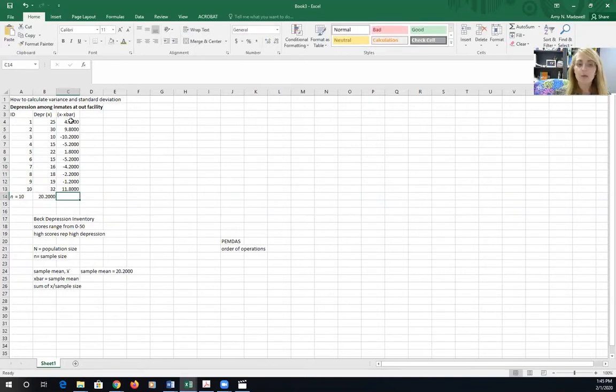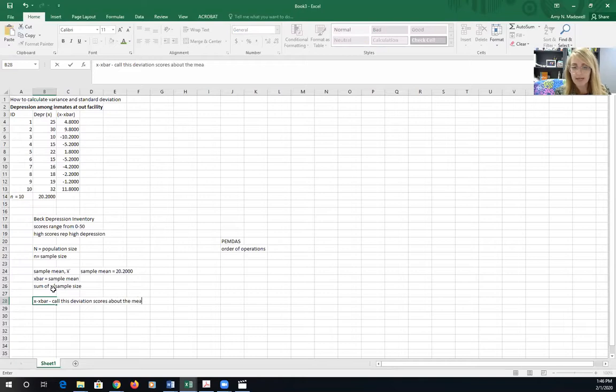All right, so we call these the X minus X bar. We call this our deviation scores about the mean. Deviation means subtraction, so we subtract each score from the mean.